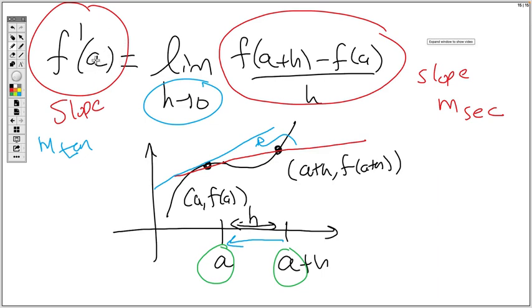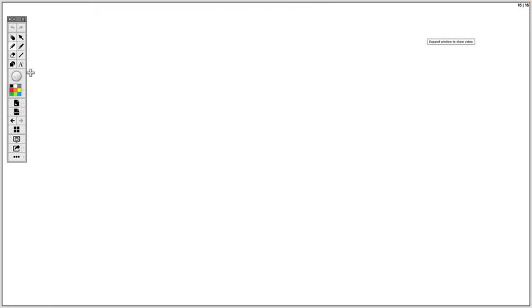And so all we need to do is replace the a here with the x. So it's a syntactic change. But for us, it signals that now we're going to have a function that will give us the slope at any value x. And so that's the definition here.